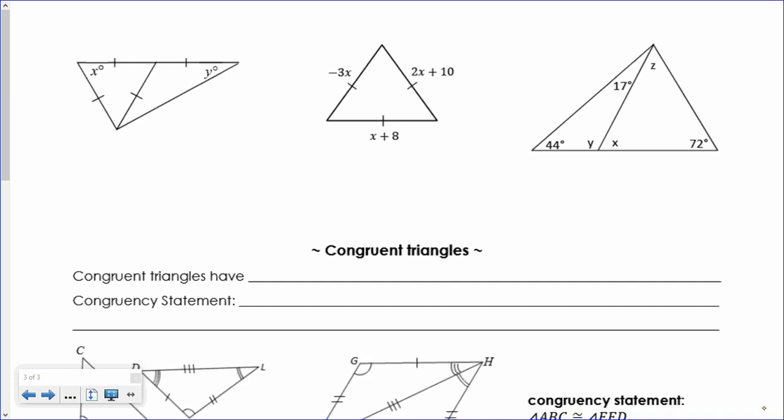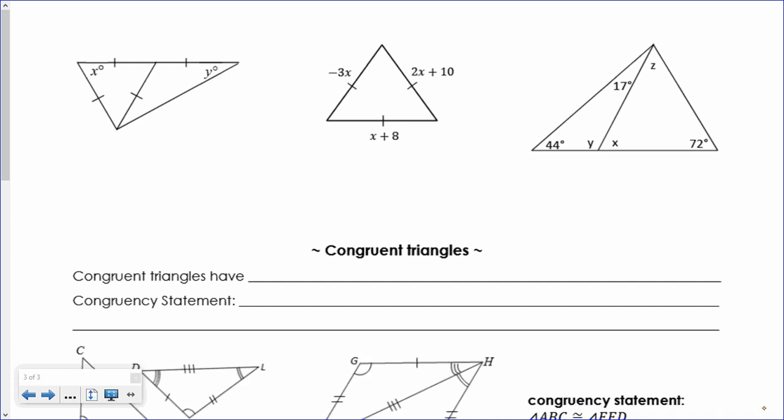So we're not using these two. Well, what goes here? That's easier. Okay, look.